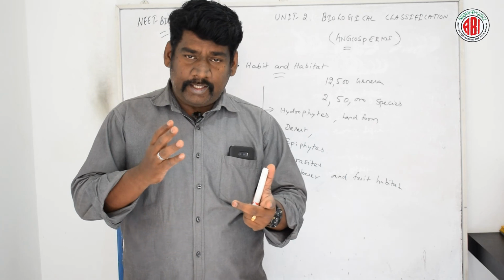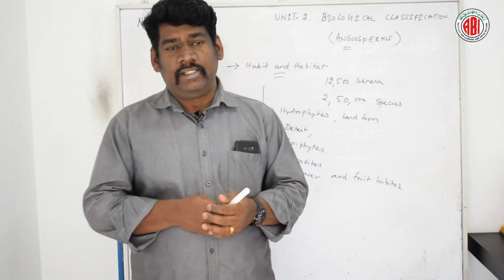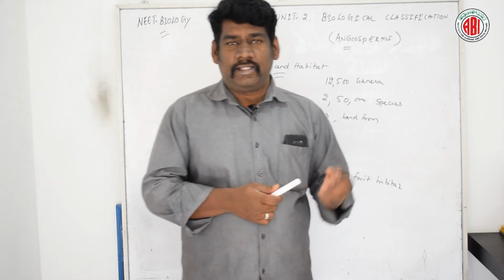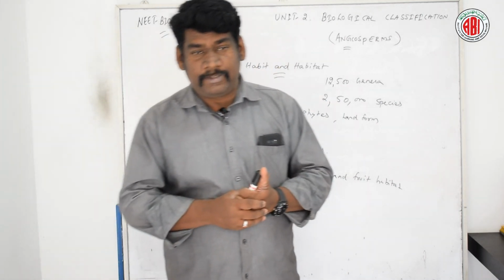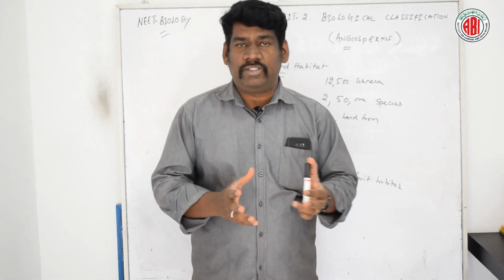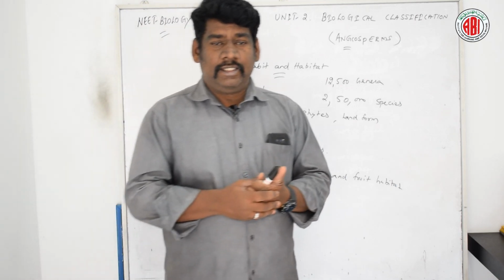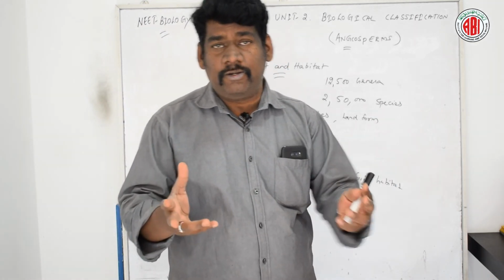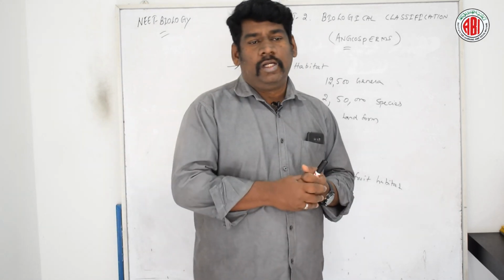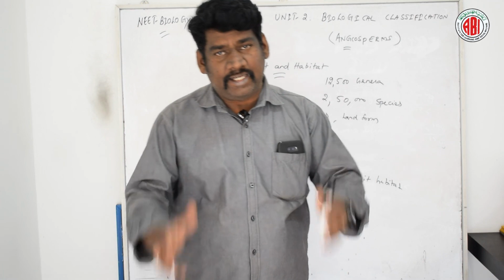They also provide wood for making furniture, spices used for cooking, pulses, fruits, vegetables, beverages like the tea plant and coffee plant, and also several ornamental plants for decorating indoors and outdoors. So these are the different examples of dicotyledons.